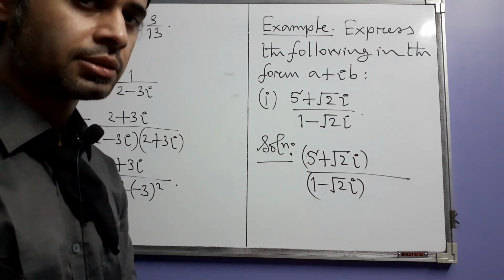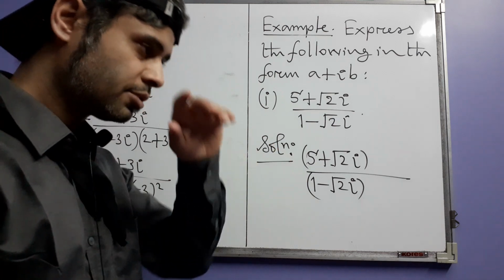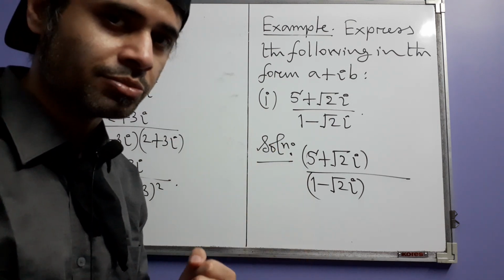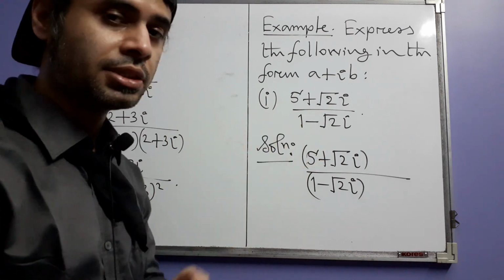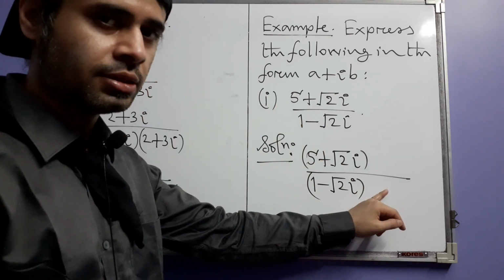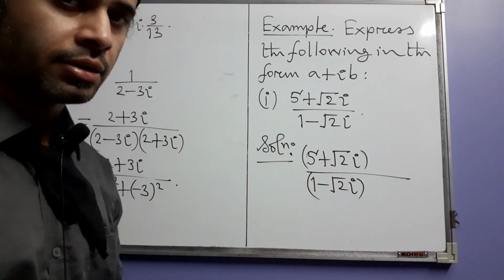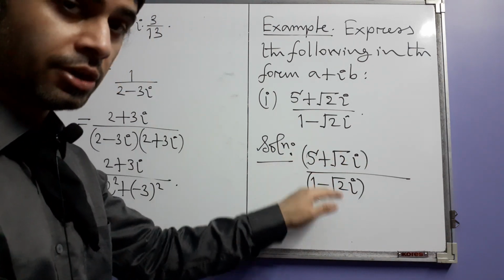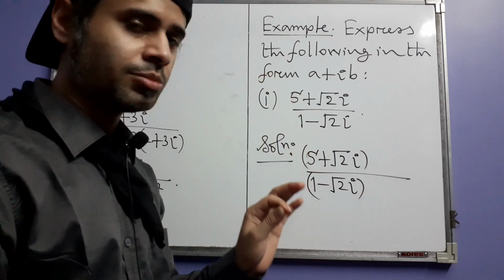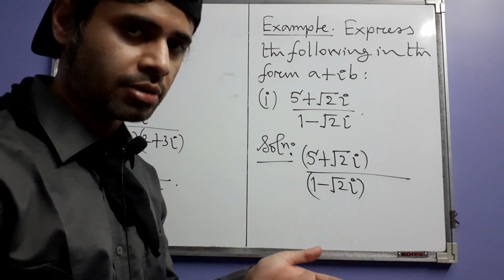I mean in lower standards, where you multiplied and divided, just how you rationalized the denominator when you worked with irrational numbers. The similar thing here we are doing, realizing the denominator, making it real. There you rationalized the denominator, so you made the denominator a rational number.